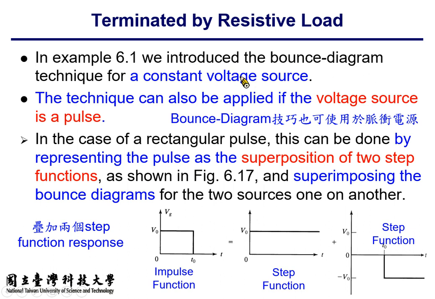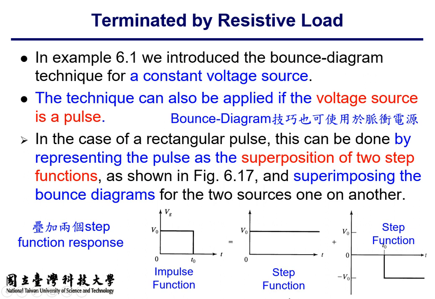And okay, the next thing is, in example 6.1, we're introducing the bouncing diagram for a constant voltage source. And of course, we don't necessarily need a constant voltage source. We can apply a voltage source such as a pulse signal or a step wave.